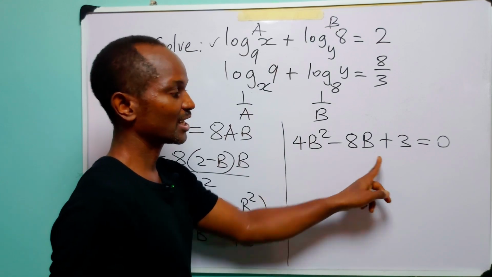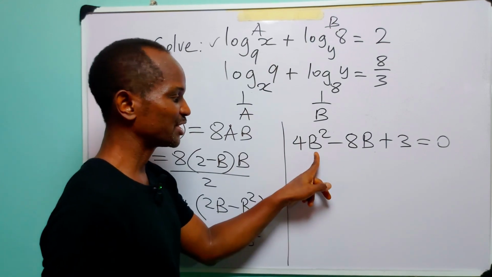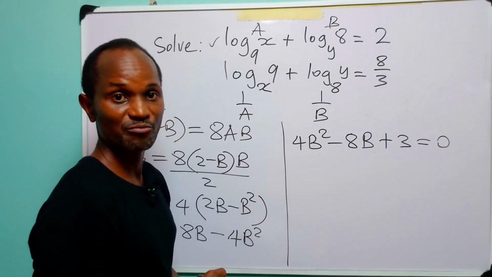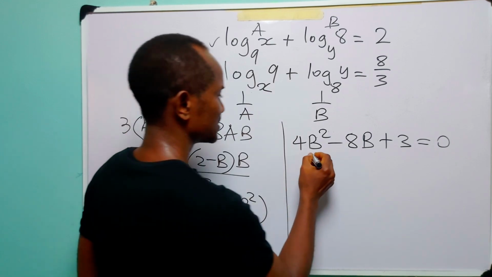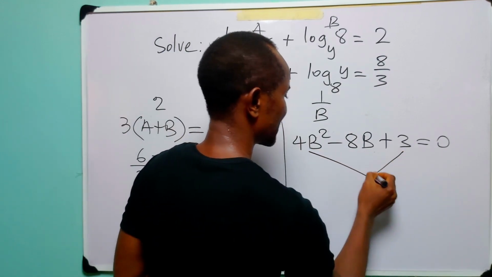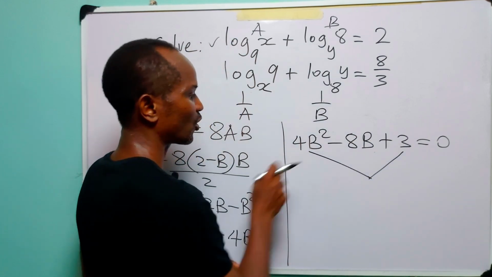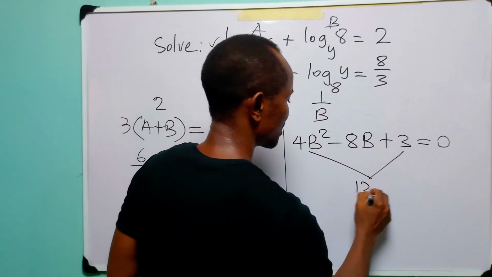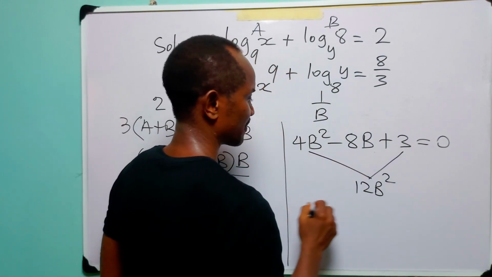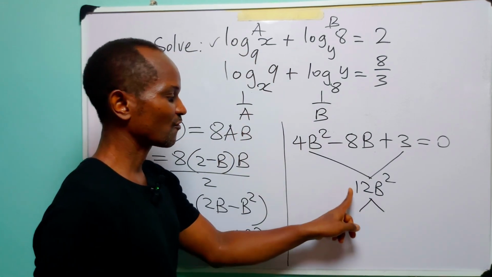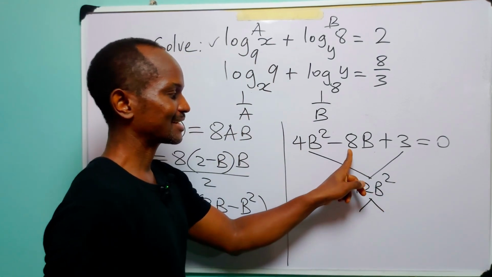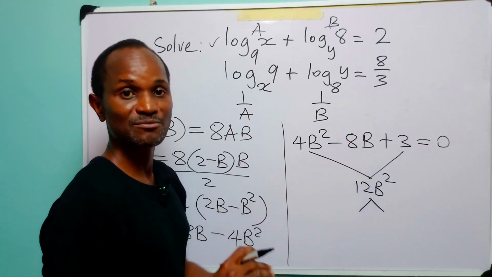So now we have a quadratic equation in b which we can solve for values of b. And we can factorize this equation. How do we do that? We simply multiply this term by this term. 3 times 4b squared is going to give us 12b squared. Now we ask ourselves the question, what are the factors of 12b squared that will add up to minus 8b?